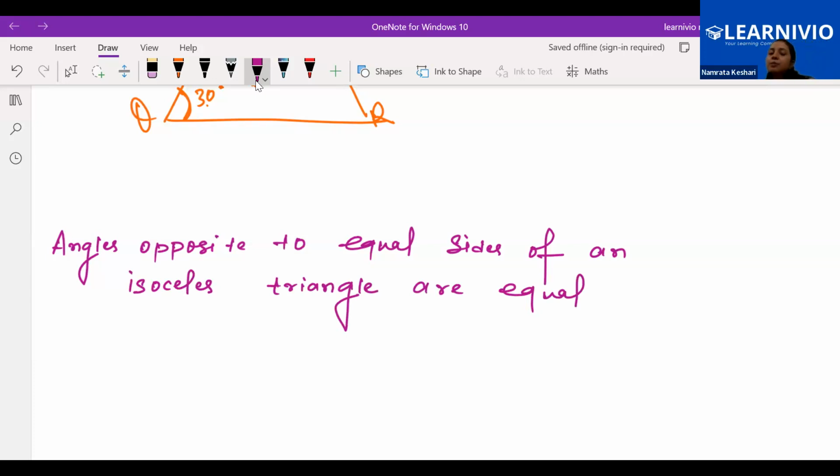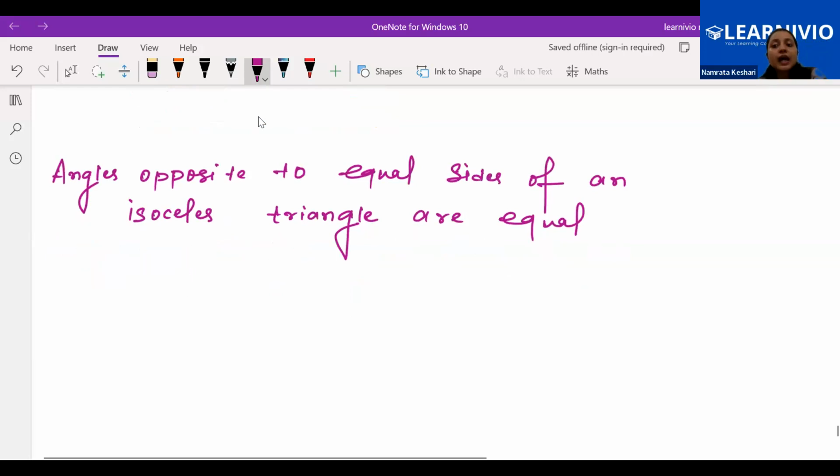We will be proving that if we have an isosceles triangle, that means a triangle where two sides are of equal length, then the angles opposite to the equal sides are also equal. Let's say we have a triangle ABC.